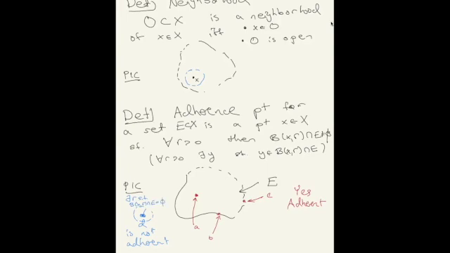Whereas for the other points, no matter the radius you choose, whether small or a little bigger, they intersect the set. In the case of A and B, this is because A and B are actually inside the set E. So this observation means that E is always a subset of the adherent points of E.